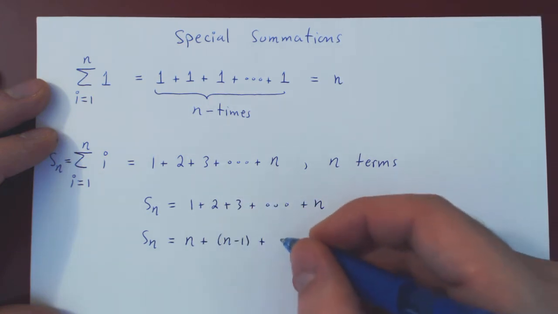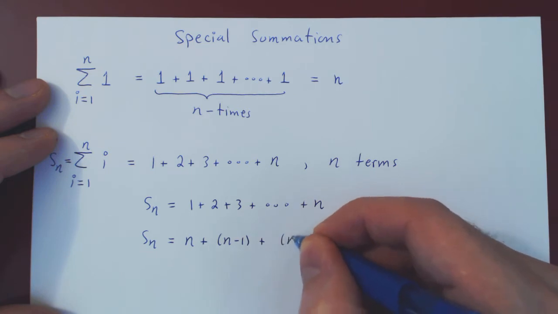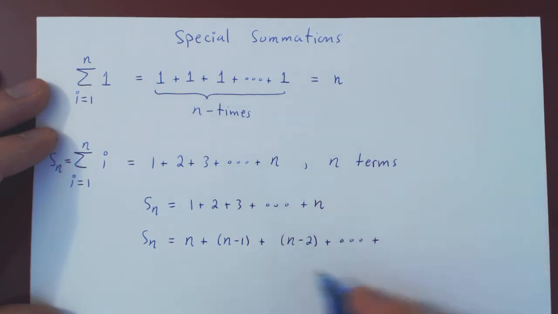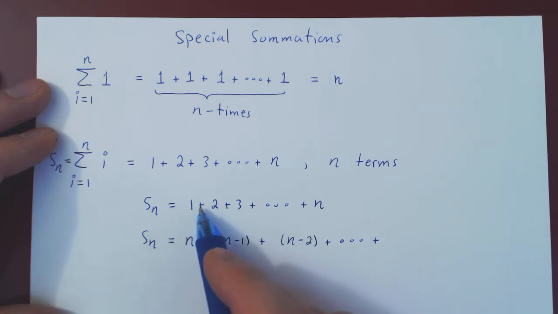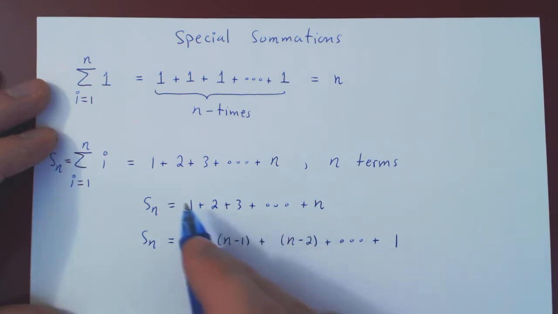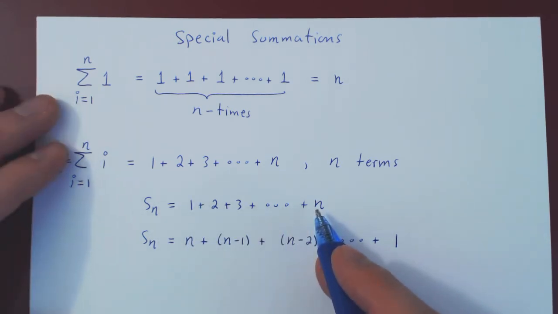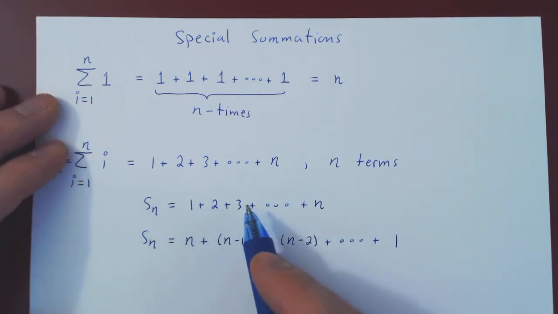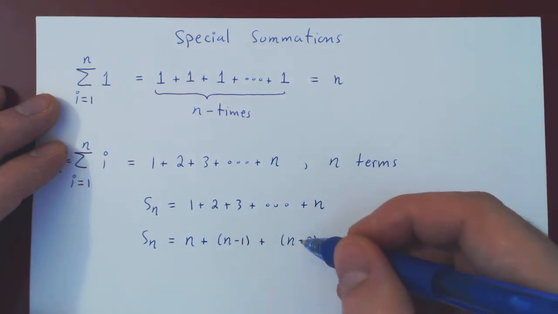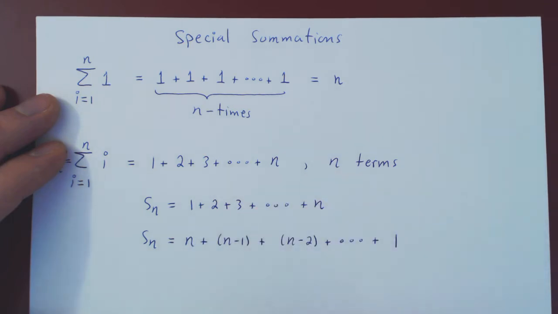It'd be n minus 2. Plus, dot, dot, dot, all the way down to 3, 2, 1. Exact same sum, but written in the opposite order. Right here I'm doing 1 plus 2 plus 3 plus 4 up to n. Well, I can do it backwards.